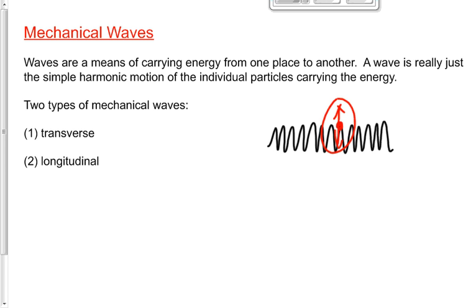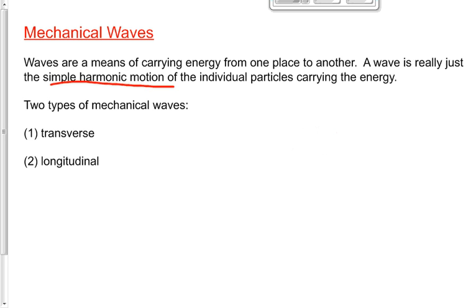So really what we have when we're talking about waves, wave motion, is really just simple harmonic motion of individual particles that are within that wave. Waves carry energy, that's what they do. But how do they carry that energy? They carry their energy via the simple harmonic motion of the individual particles within that wave.